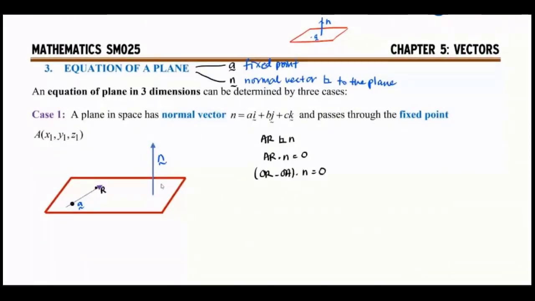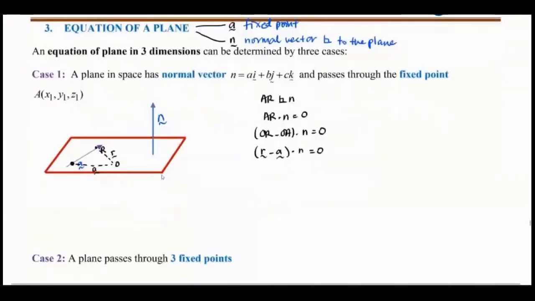So pattern yang sama macam tadi, let's say if I have O here, so here will be vector R, here will be vector A. So we're gonna have vector R minus vector A dot product with the N. So saya kembangkan dia, we expand.